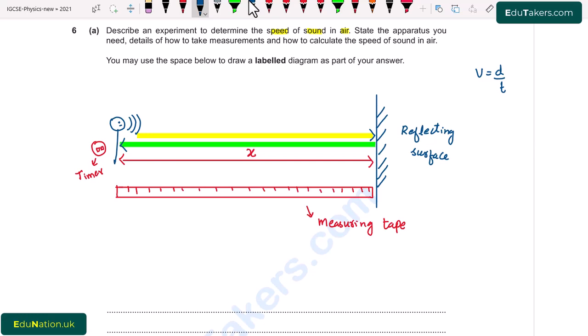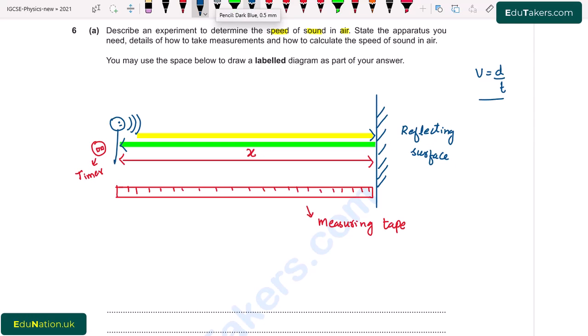And when these sound waves are reflected, the observer hears the echo, and we have to turn on the timer when the observer emits the sound wave and turn it off when he hears the echo. By timer we can easily measure the time, and by measuring tape we can easily calculate the distance, and by using v is equal to d over t we can find out the speed of sound in the air.